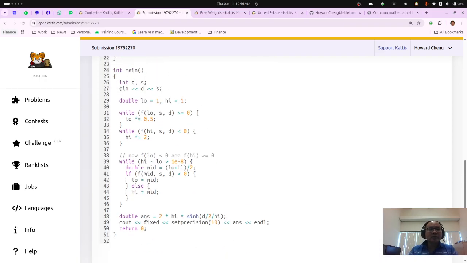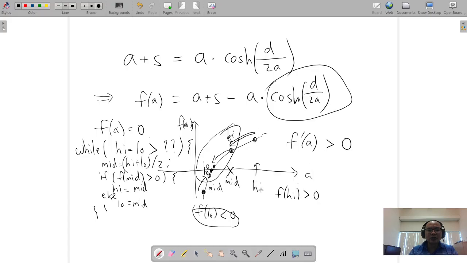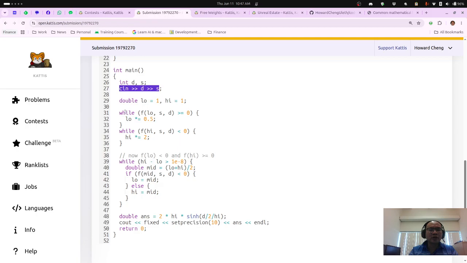Now, I read in the inputs, and the first problem is, how do I know what high I should use to make sure that initially f of high is greater than 0 and initially f of low is less than 0? Well, I don't actually know. So the trick is I start somewhere. I just set them to be 1.